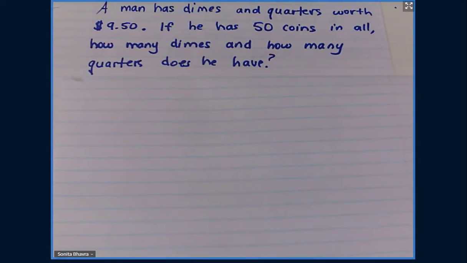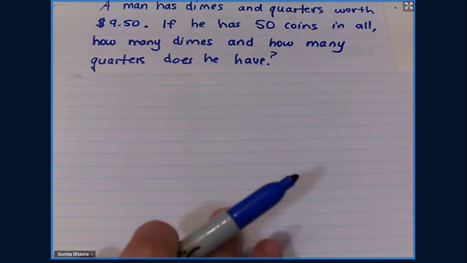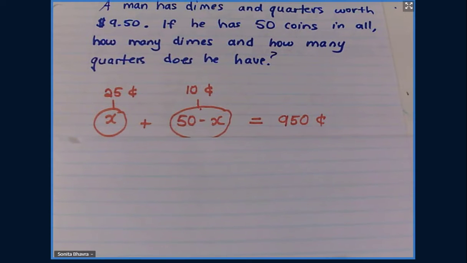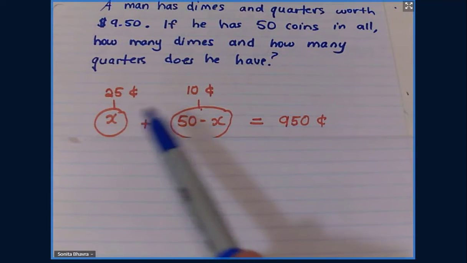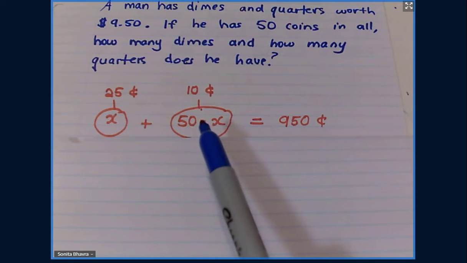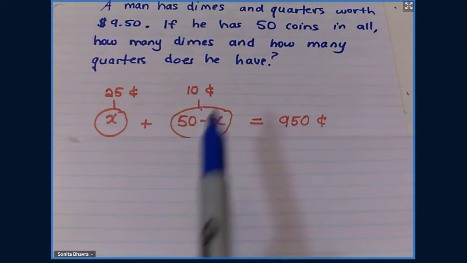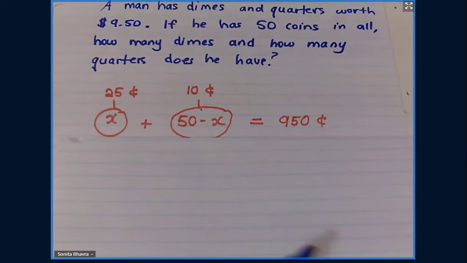So I'm just going back to one of the examples we had done before. A man has dimes and quarters worth $9.50. If he has 50 coins in all, how many dimes and how many quarters does he have? Previously when we had done this question, we had let the quarter equal X, and then the dime would be 50 minus X, but we can do this the other way as well.